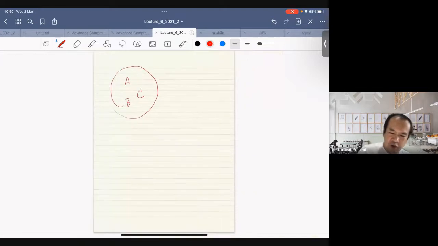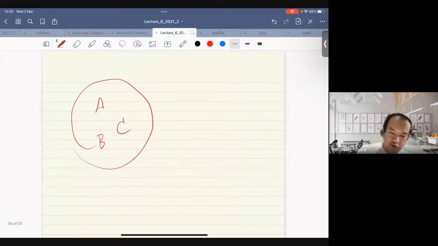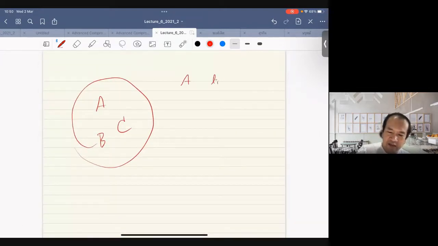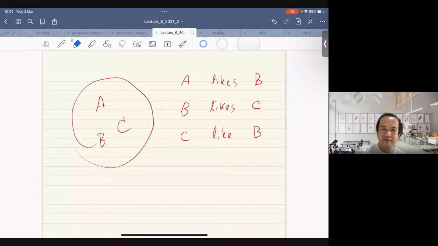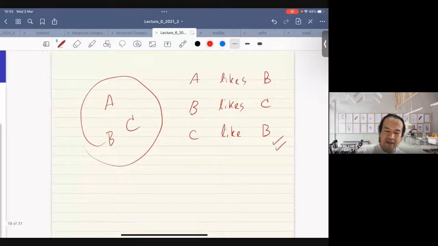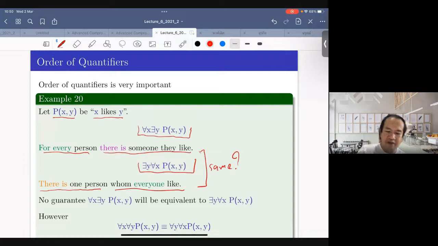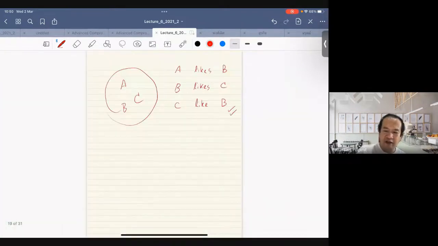For this sentence to be true, A likes B, B likes C, and C likes B. In this situation, this statement is true, right? For every person, there is someone they like.